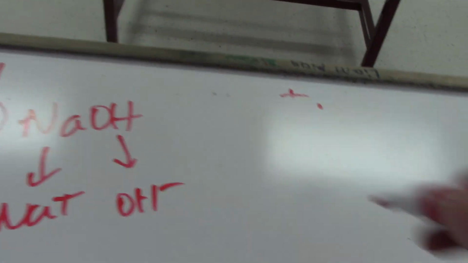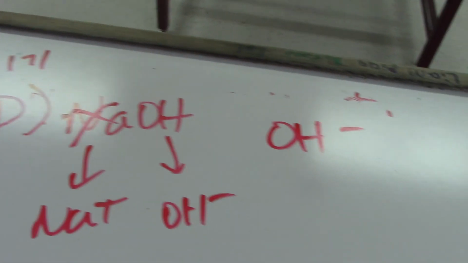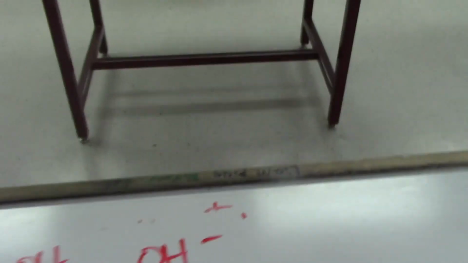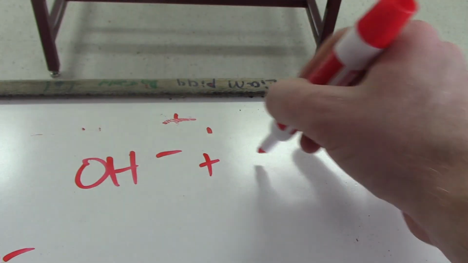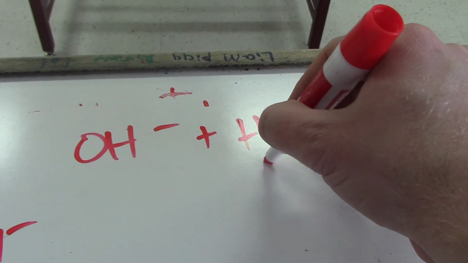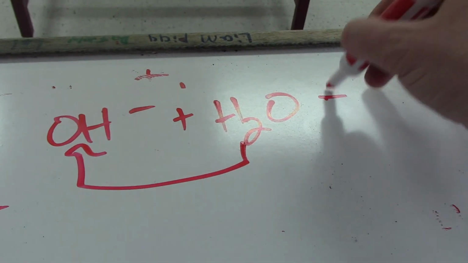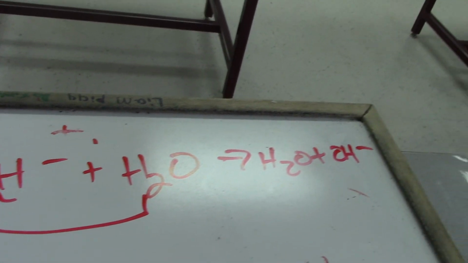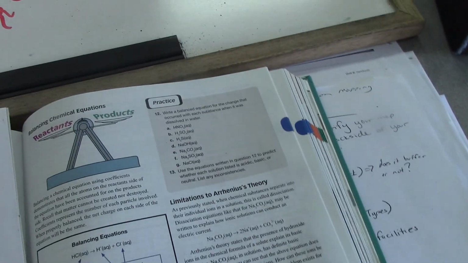The Na plus is not part of my acid-base equilibrium, and I can confirm that because it doesn't exist on my acid-base chart. So OH negative plus H2O: this is a base, and bases accept protons. So this actually becomes H2O plus OH negative. So the NaOH makes water very basic.